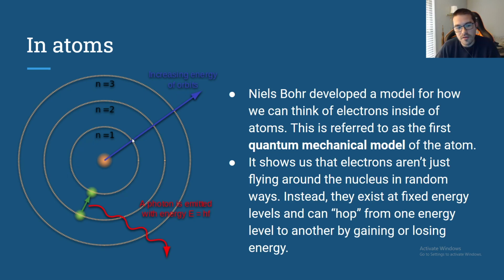But these different yellow rings are the energy levels. And so what we just discussed was that electrons exist at discrete energy levels. Your electron or electrons can be at this first energy level, or at this second energy level, or at this third energy level, but they're not going to be in between.